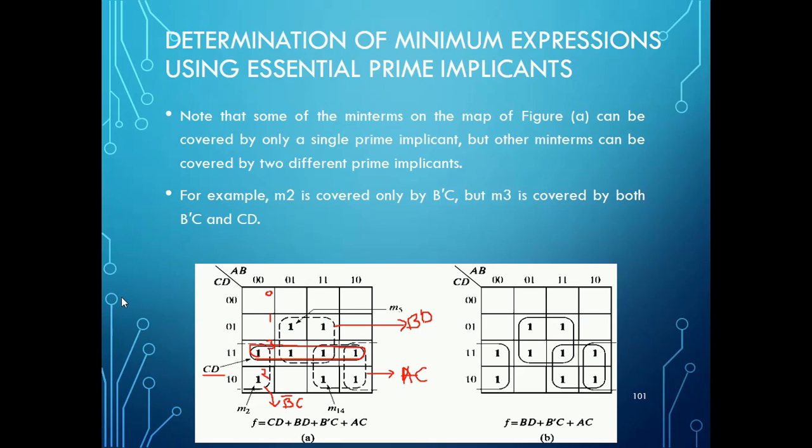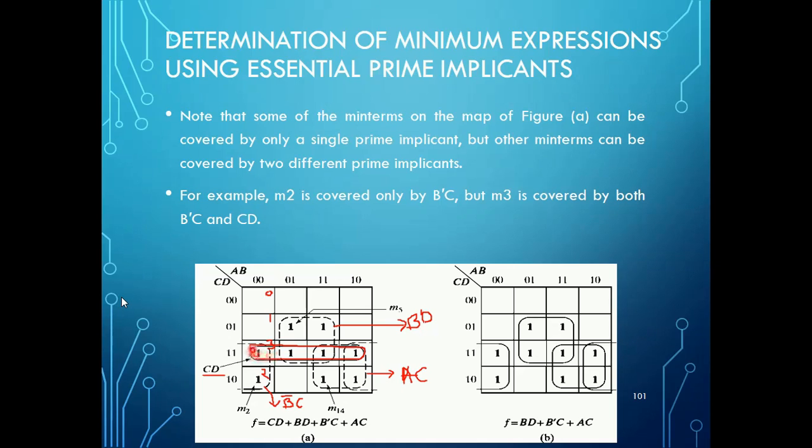Here what they are saying, for example, M2 is covered only by B bar C. M2, that is this particular term, if you are considering, is covered only by B bar C, and M3 is covered by both B bar C and CD.